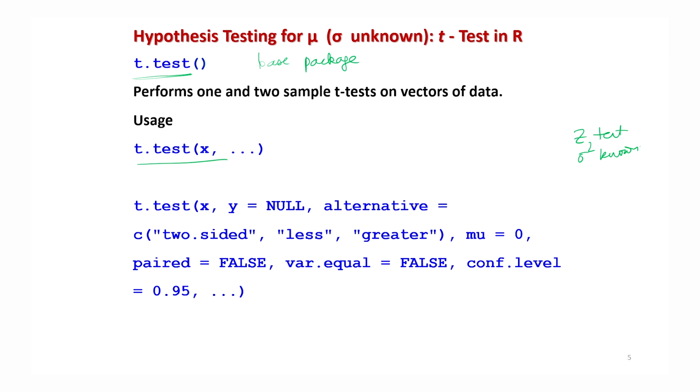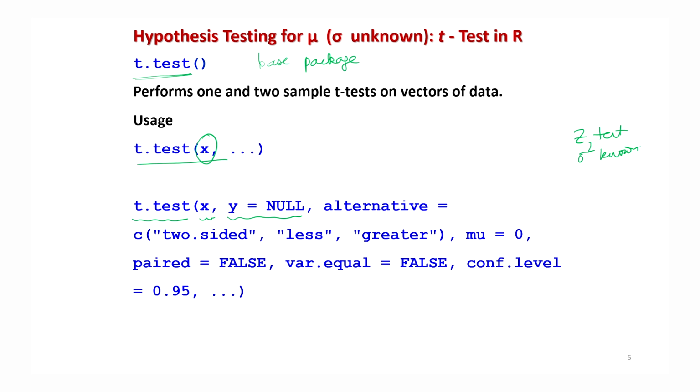Because we are considering here only the one sample test, data is available only on one variable, so I am writing x. Then y here is actually null, because as we discussed in the case of the test when sigma square is known, the same command is used when we have more than one, that is two samples.